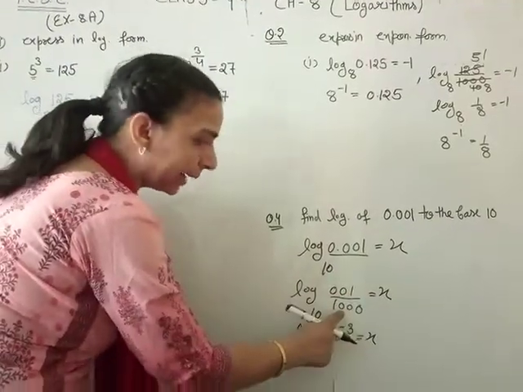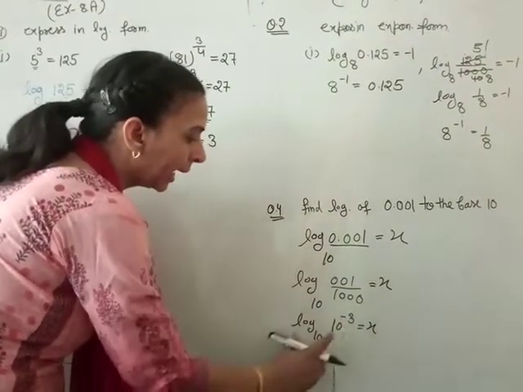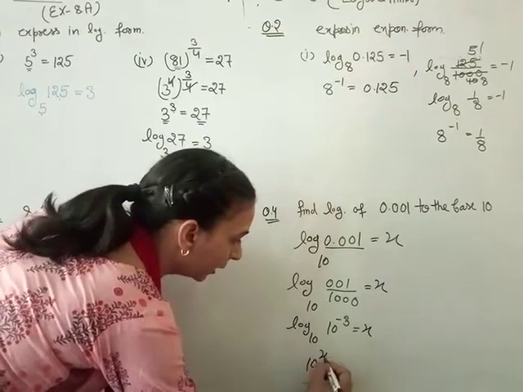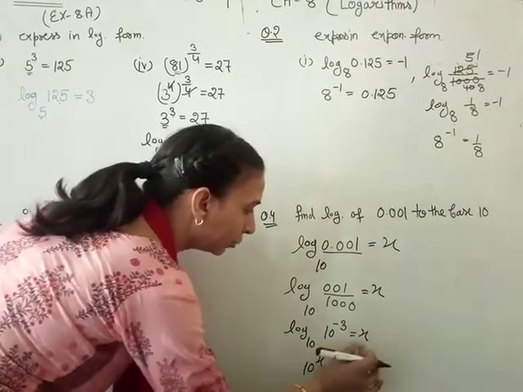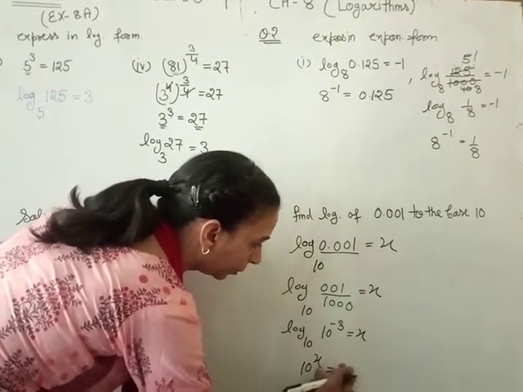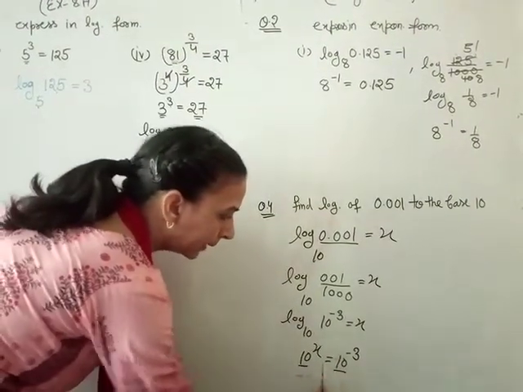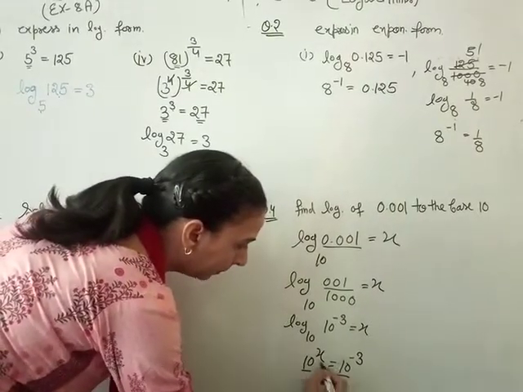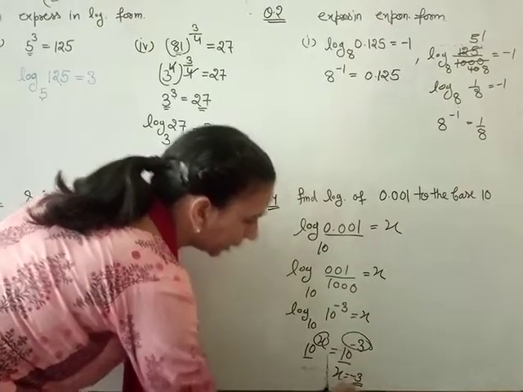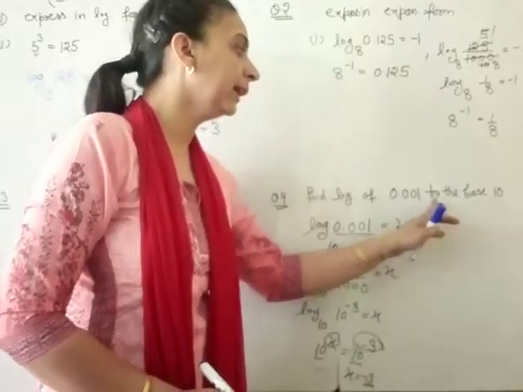Then in exponential form this is 10 raised to the power x equal to 10 raised to the power minus 3. If base is the same, then powers are equal, x equal to minus 3. So log of 0.001 is minus 3.